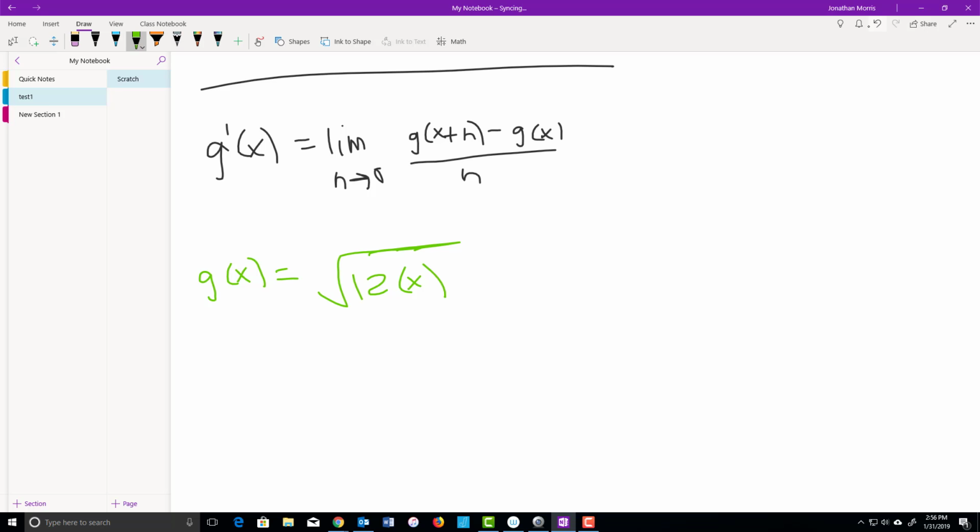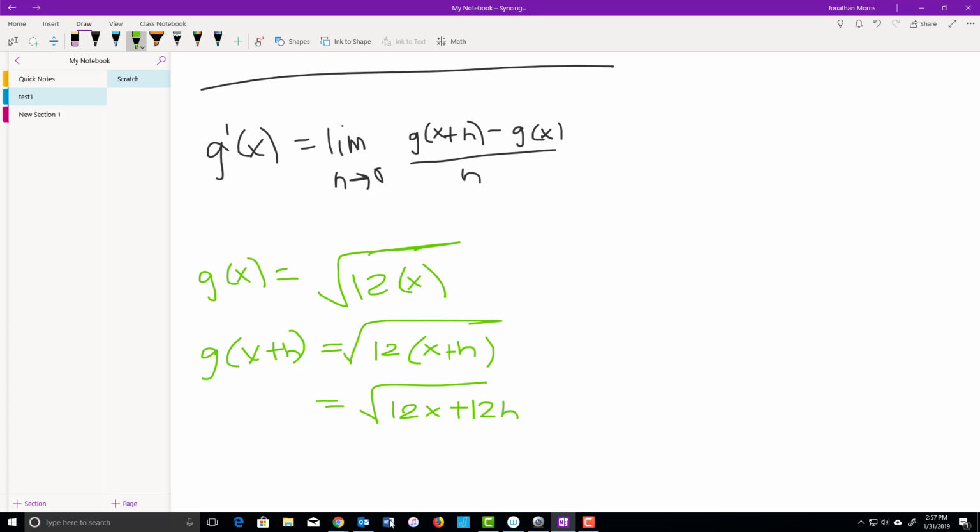Because watch, g of something equals the square root of 12 times something. Well, that something is x plus h. So for g of x plus h, you're just going to put x plus h in the parentheses, which is the square root of 12x plus 12h.